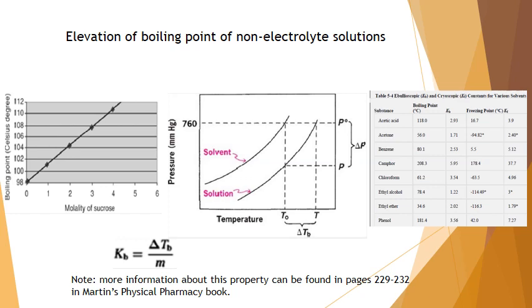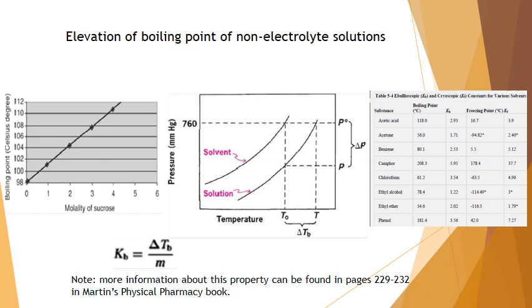There is a relationship with the pressure difference, delta P, between the solvent and the solution, and this also causes an elevation in the temperature required to reach the boiling point of the solution compared to the boiling point of the solvent. So they found that the elevation in the boiling point depends on the number of molecules of the solute in the solution.